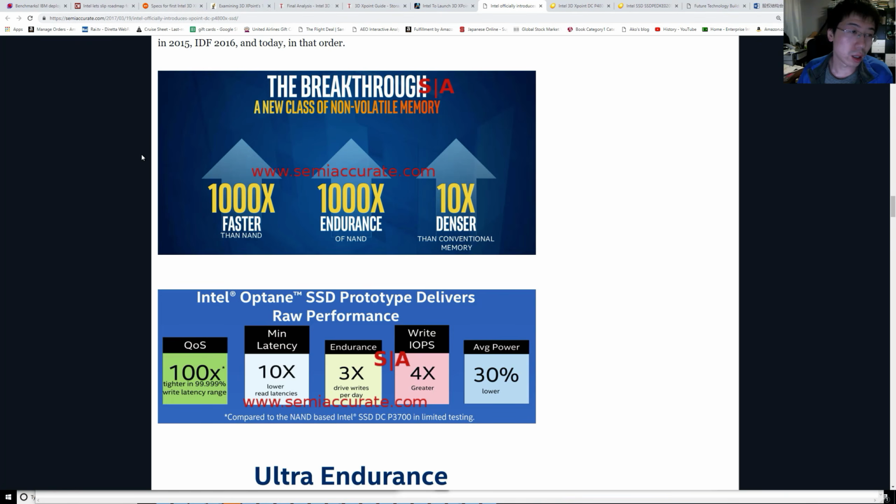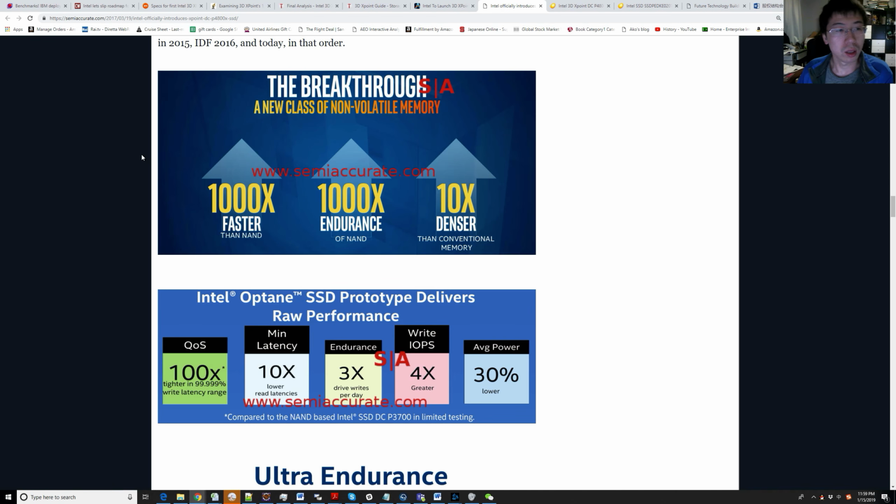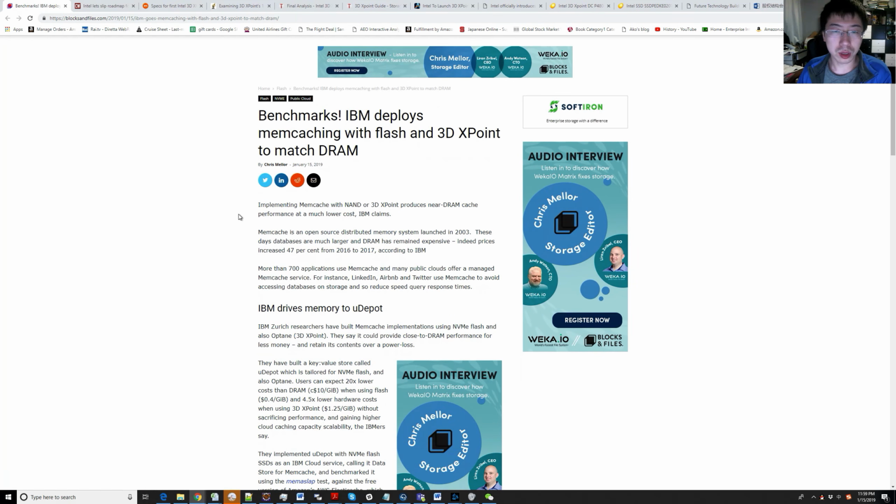Discussion about Optane, or as it used to be known, 3D XPoint. All right, so actually before we go there, here's an interesting tidbit.